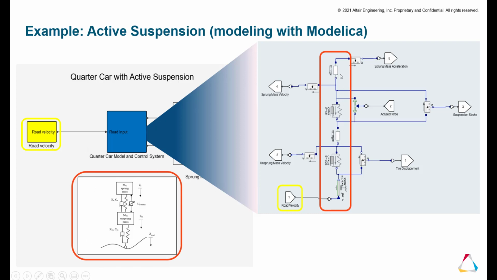We have blocks that define our masses, and double-clicking on those blocks will allow you to set the parameters of that mass, which is just a value of the mass. Our two spring and dampers, and double-clicking on those allows you to set the spring coefficient and the damping coefficient.